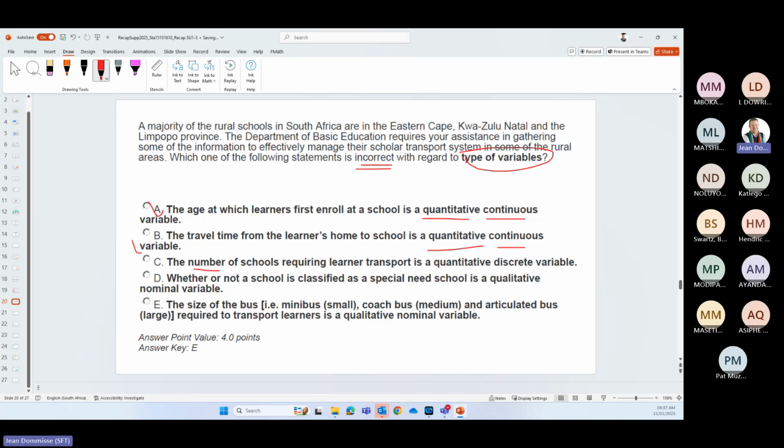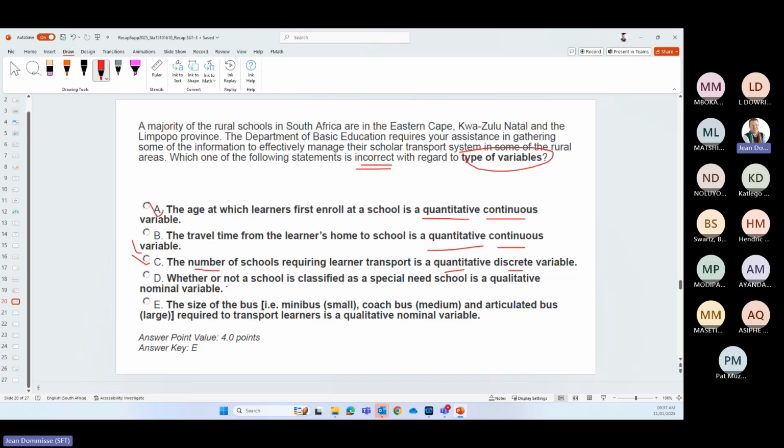When we go to the number of schools requiring, so there, how many schools? 1, 2, 3, 4, 5. So we know it is a whole number. Whole number is discrete. So we have a quantitative discrete, which is correct.